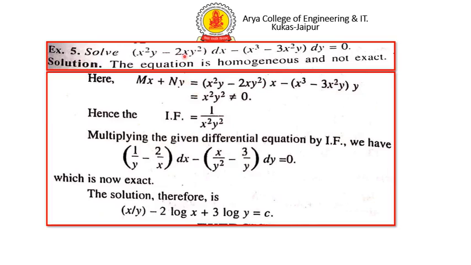So we try to make it exact by taking the integrating factor equals 1 upon (Mx plus Ny). Multiply the given differential equation by the integrating factor, the equation becomes exact. Now following the procedure of exact differential equations, we get the solution.